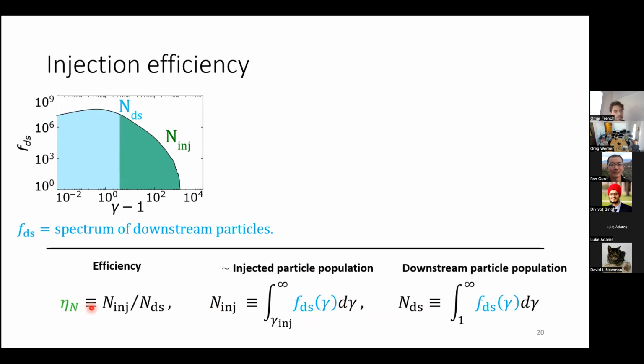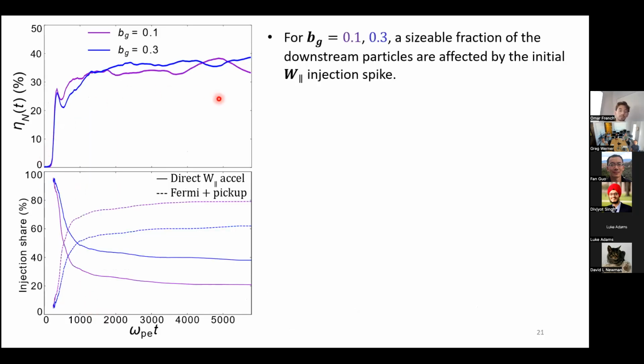Yes, in principle, someone could improve it to have gamma injection also be a function of time, but that's not what we've done in this study. But N injection will include all of the particles that were injected throughout the history. So that's not a time slice. Yes, so A to N is cumulative, whereas the injection share is defined instantaneously.